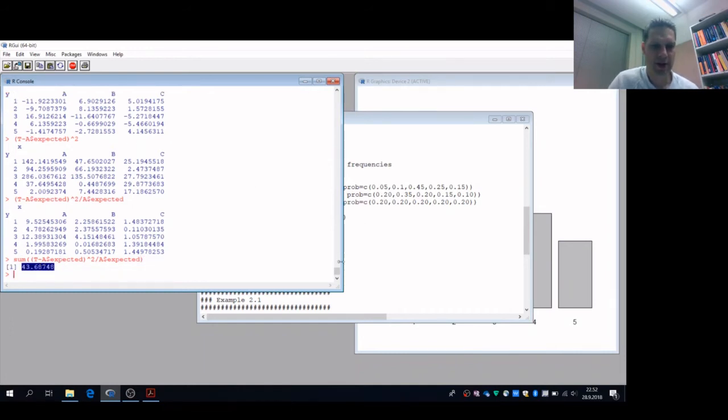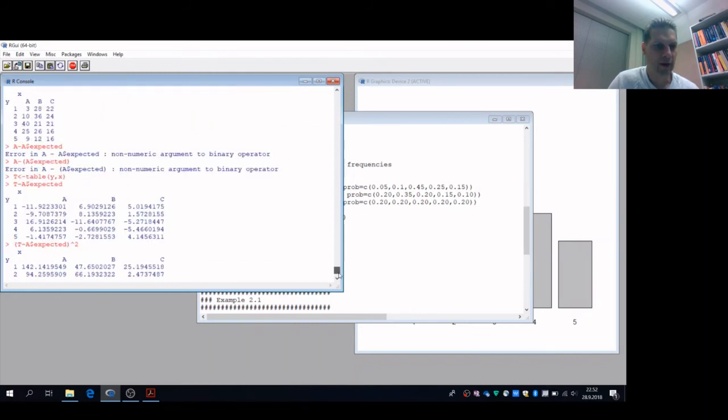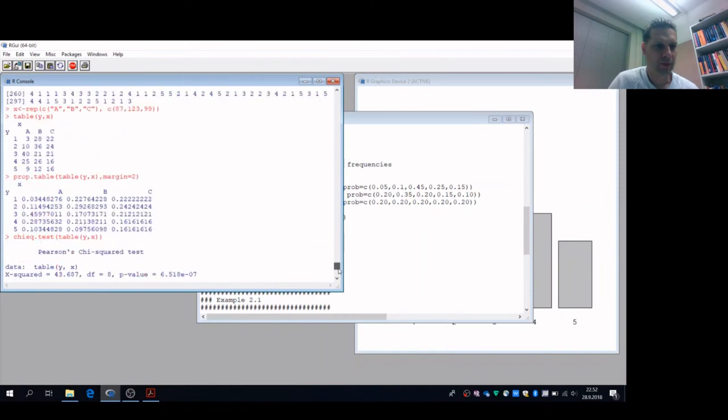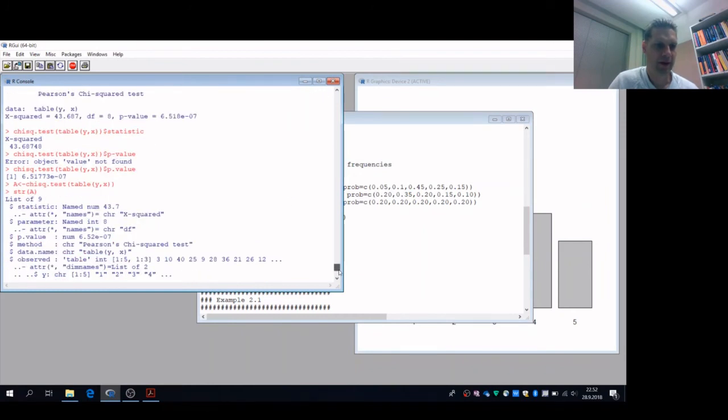So that's the chi-square statistics, how it's calculated, basically every time we have this sort of frequency table based on two variables.